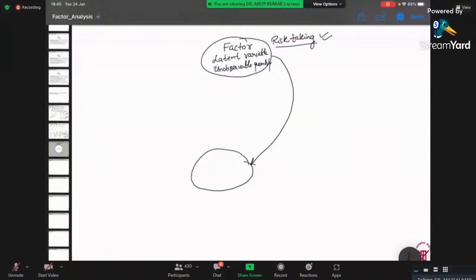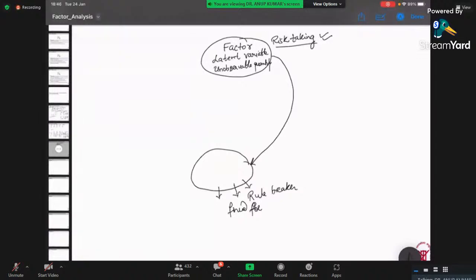What is that? He might be a rule breaker, he might be fined. Because he is risk taking, he might be taking a lot of loans, because he is going to take the risk in the market.